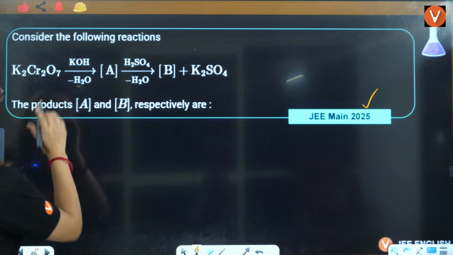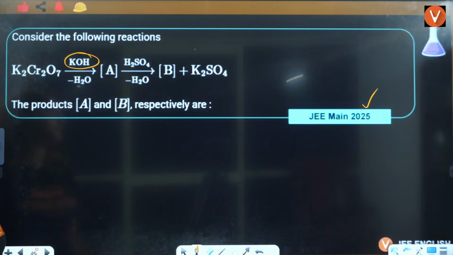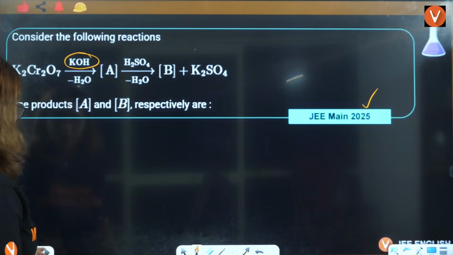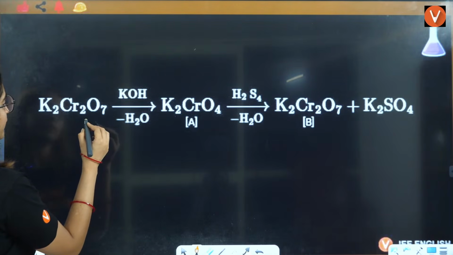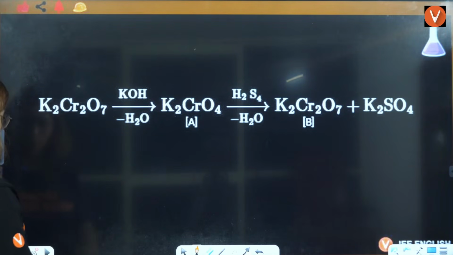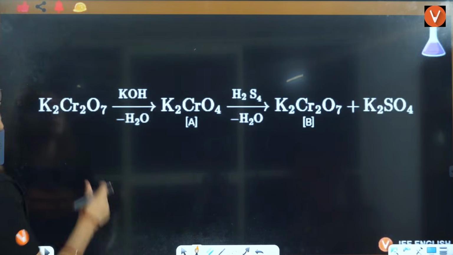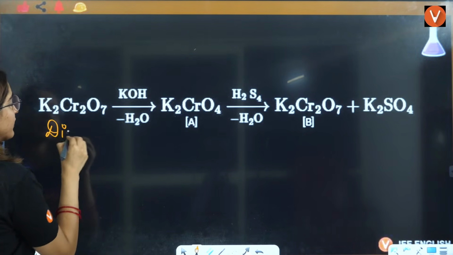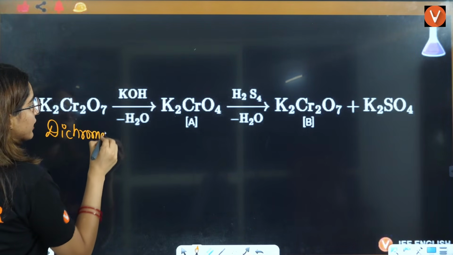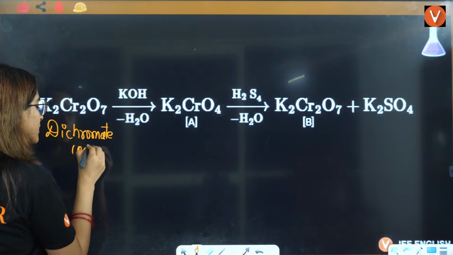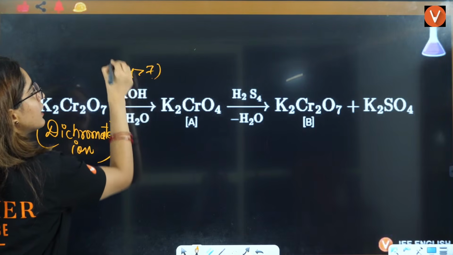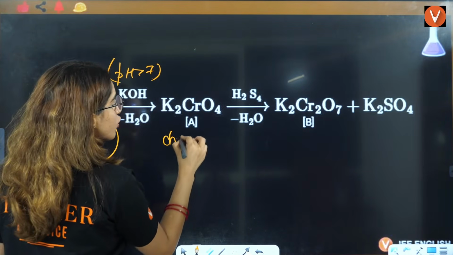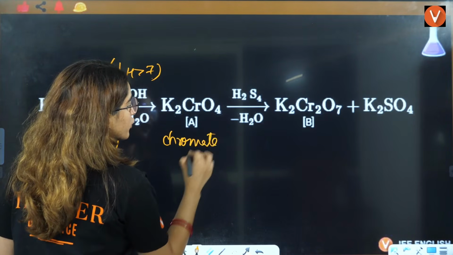So chromate ion in basic conditions, tell me, it will give you what? Wait a minute, this was not chromate, this was potassium dichromate. Yes, this was dichromate ion. Dichromate ion in basic conditions, when pH is greater than 7, is going to get converted to chromate ion. Do you remember?